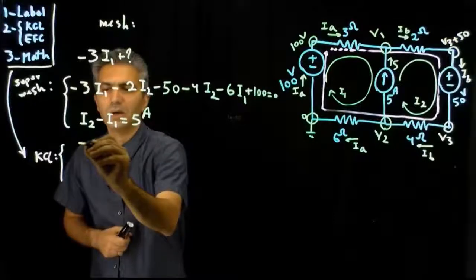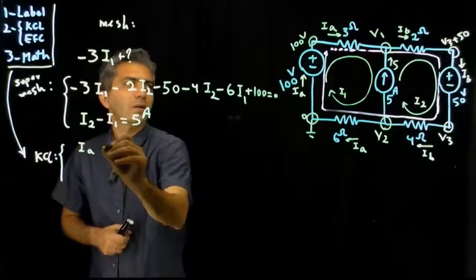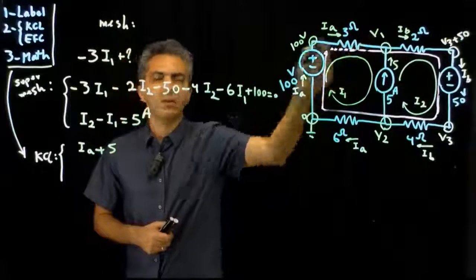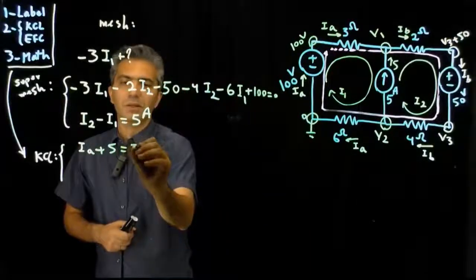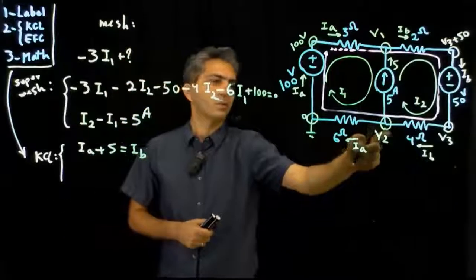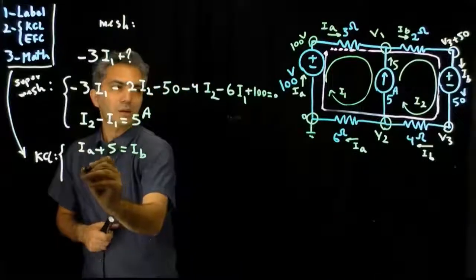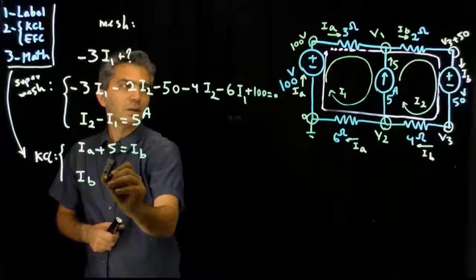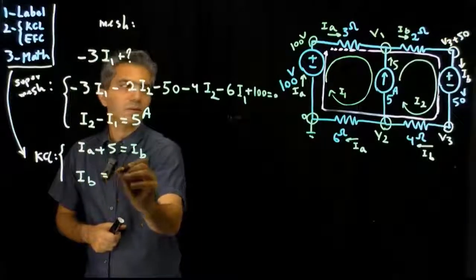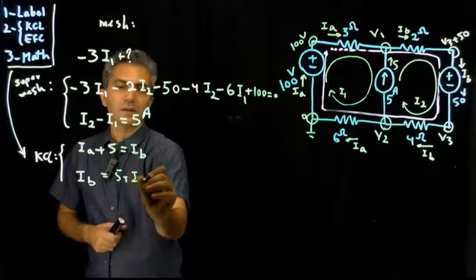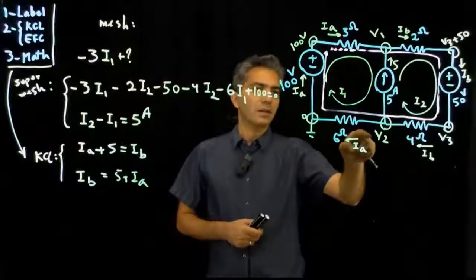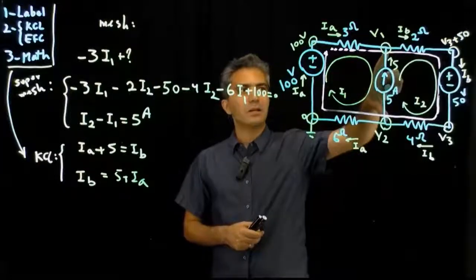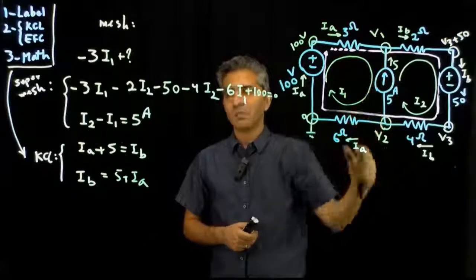So IA is going into that node, 5 amp is going to V1, and then IB is leaving that node for the node down here. IB is going in, and it's 5 plus IA. So you notice that since I called these two the same current, the two KCL for these two nodes became redundant.